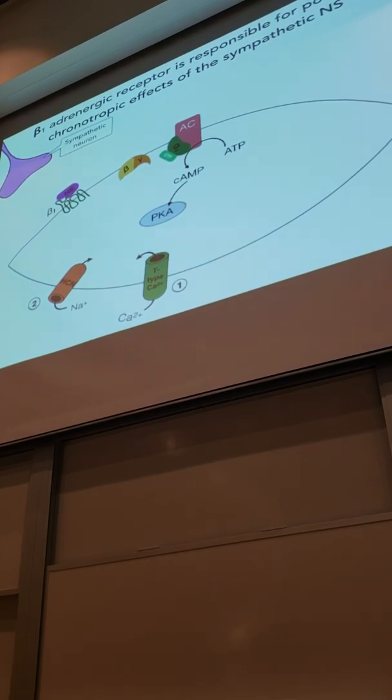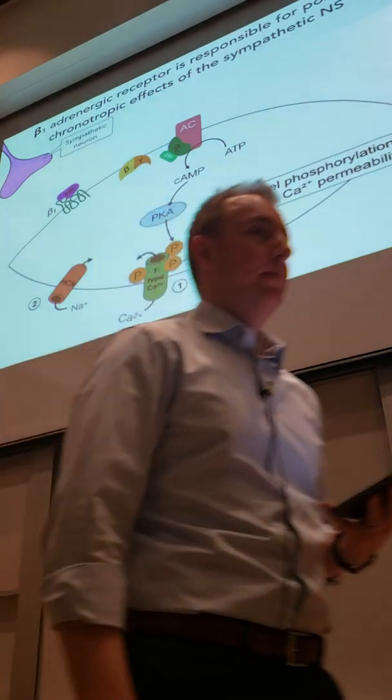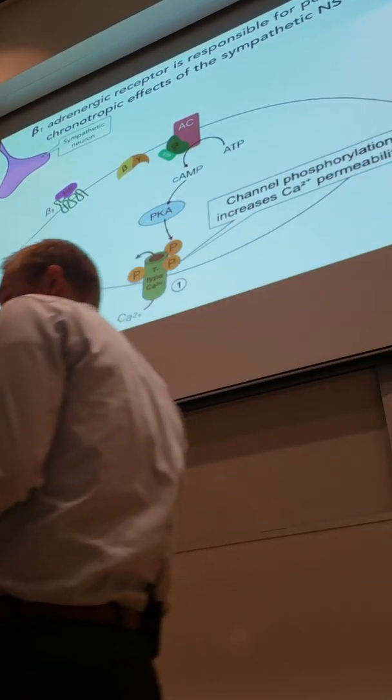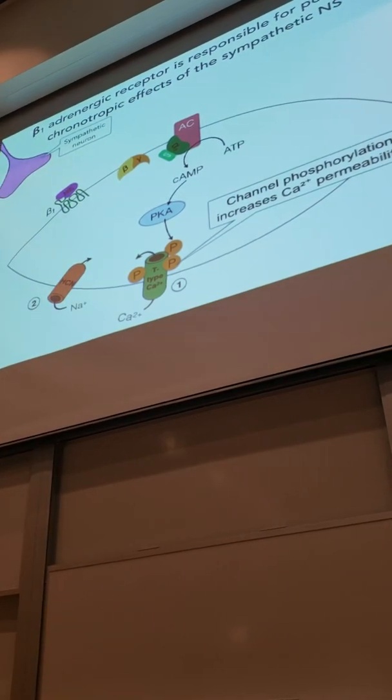Primary target here in our nodal cell is that it's going to go and it's going to phosphorylate our calcium channels. Okay, remember our nodal cells have these T-type calcium channels, and what's going to happen as a result of that, we increase permeability to calcium. Okay. So that's a long way to go to get there, right?